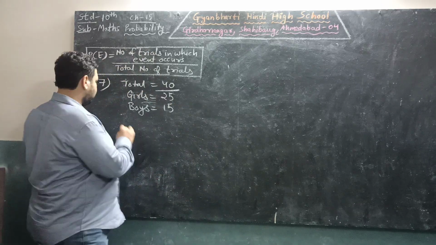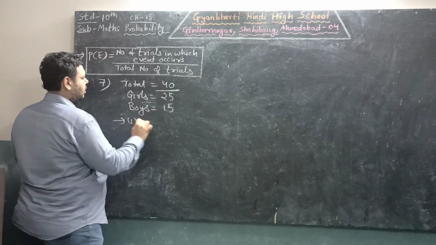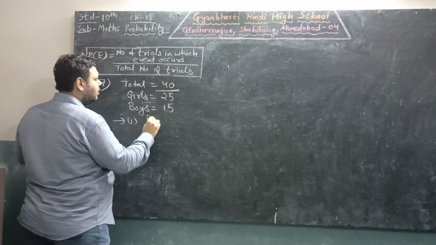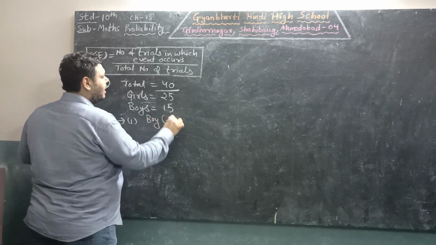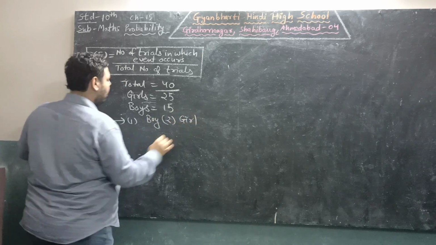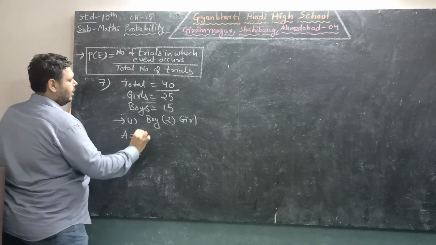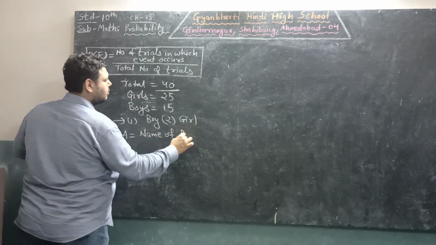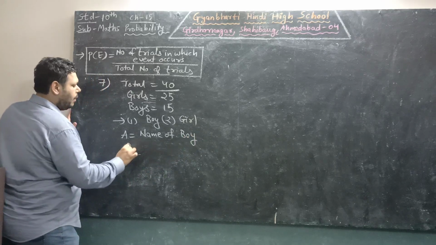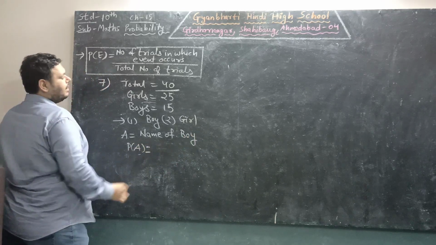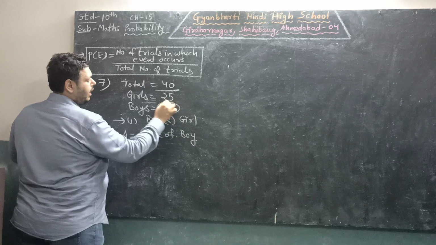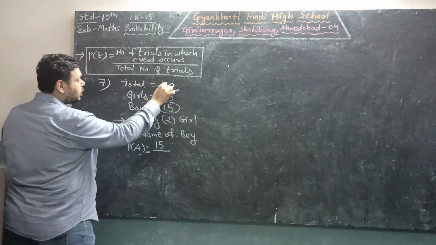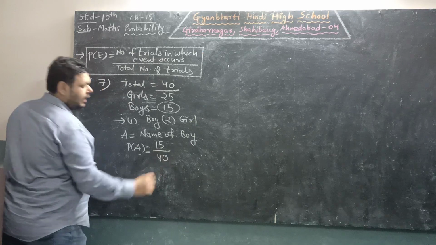So first, the card which is selected has the name of a boy, and second, it has the name of a girl. So event A, name of a boy. Probability of A: there are total 15 boys out of 40. So boys are 15 and total strength of the class is 40.